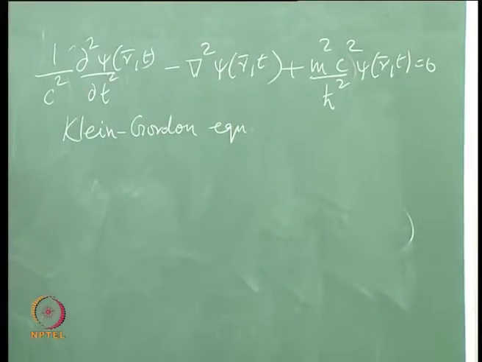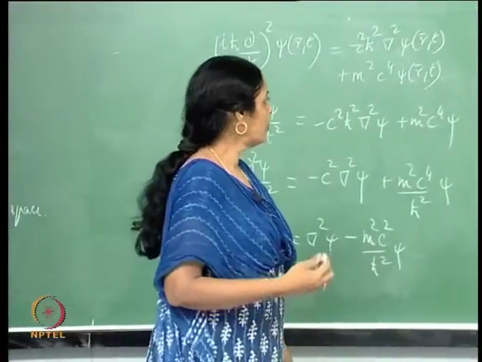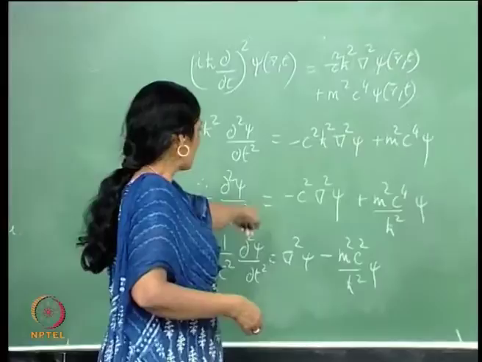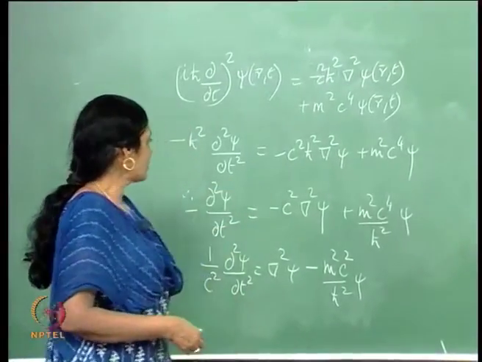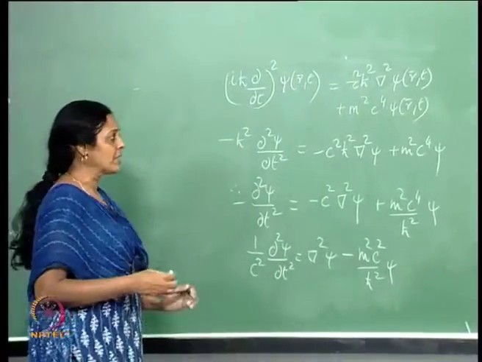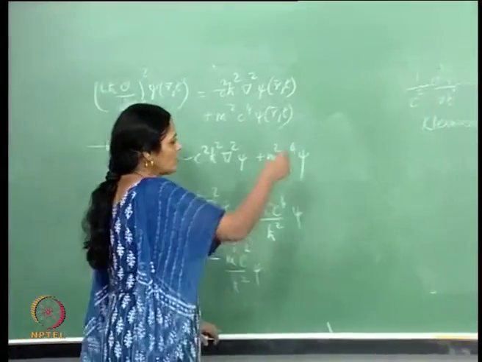For an object with rest mass m moving with momentum p, and the p has been suppressed because I have got an -iħ del replacing the operator p. So this is what I have.